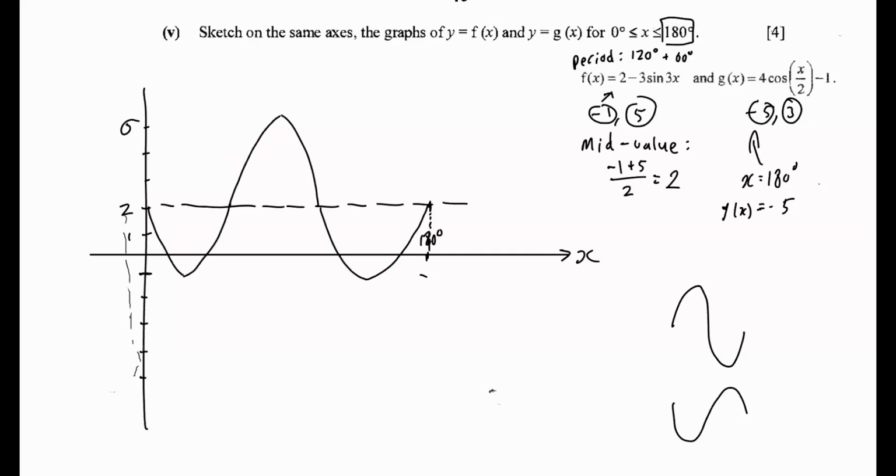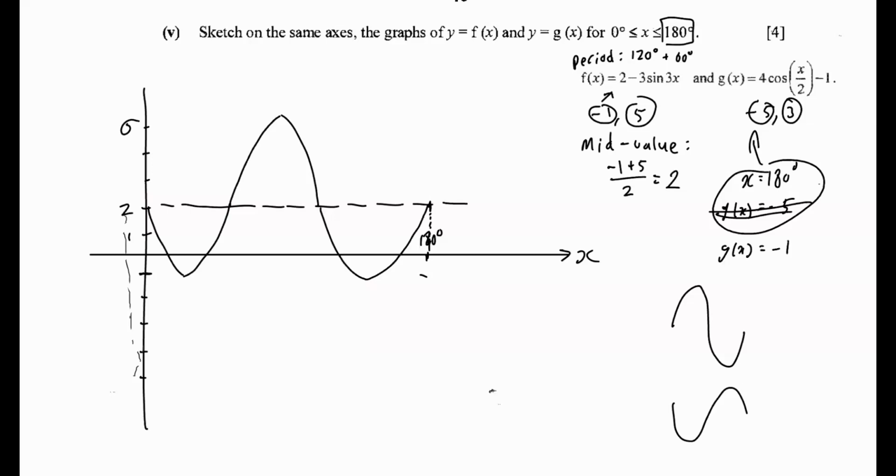Okay, then after that, you have the 4 cos x over 2 minus 1. So in this case, because it is only up to 180 degrees, sorry, I was wrong here. No, g of x is not -5. g of x is only until -1.